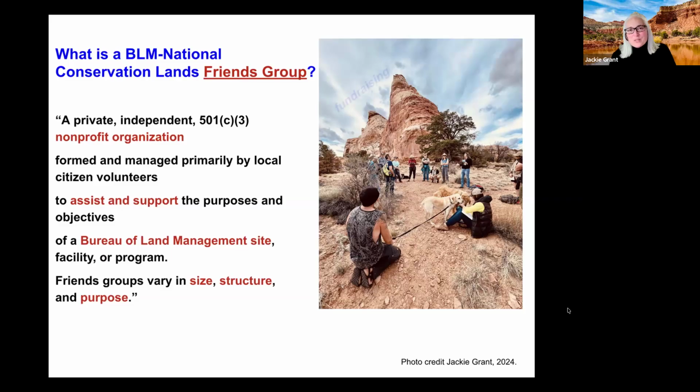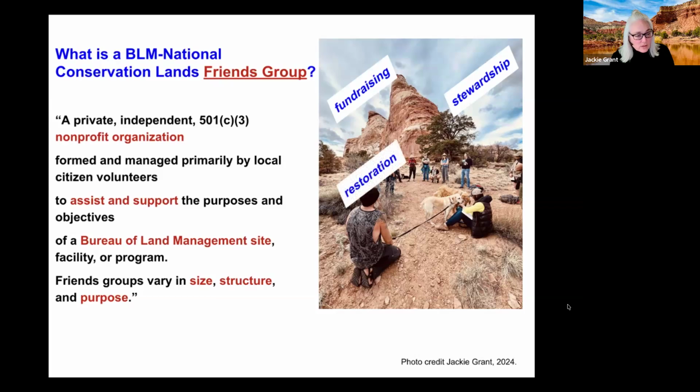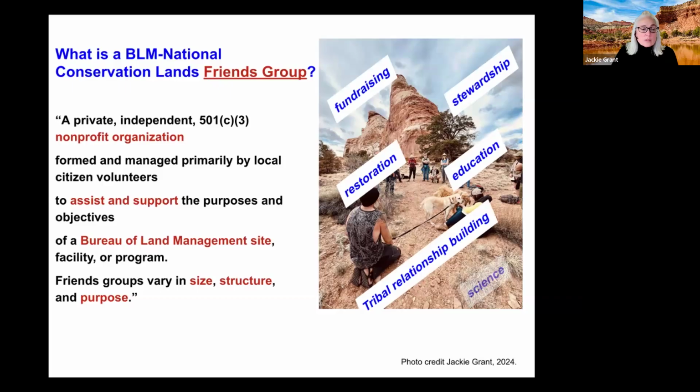And the BLM, because it's a federal agency, you can imagine has a definition of what it means to be a friends group. But essentially, it's a nonprofit organization, usually formed by volunteers. And those volunteers, which eventually become paid employees of the nonprofit, not of the government, assist and support the Bureau of Land Management with its site.